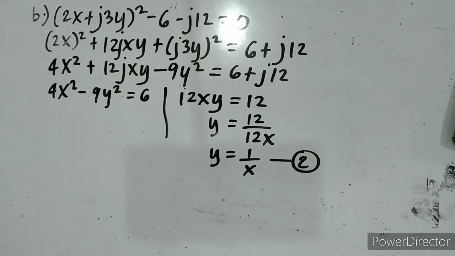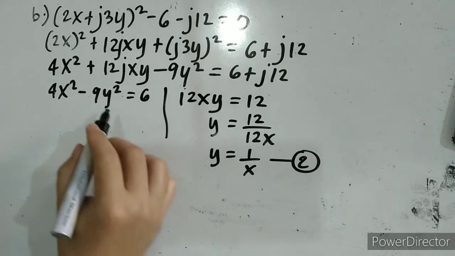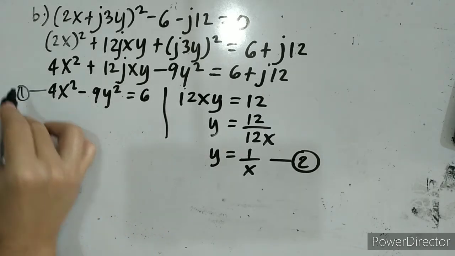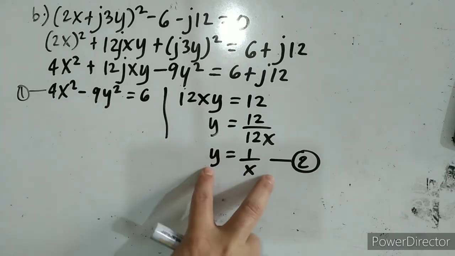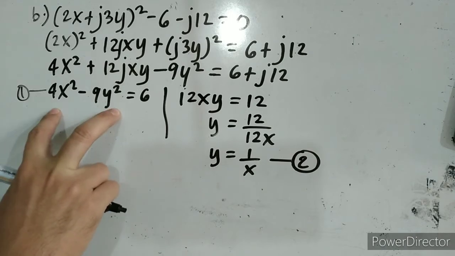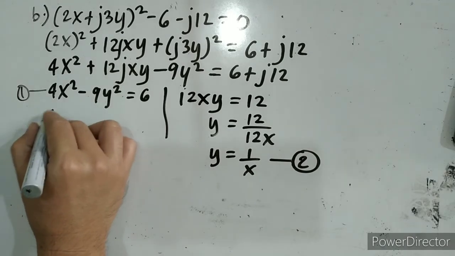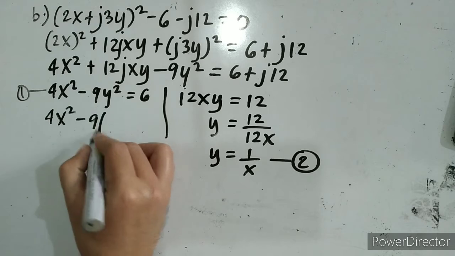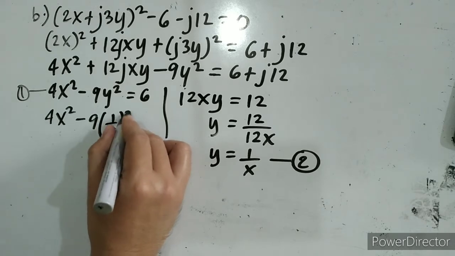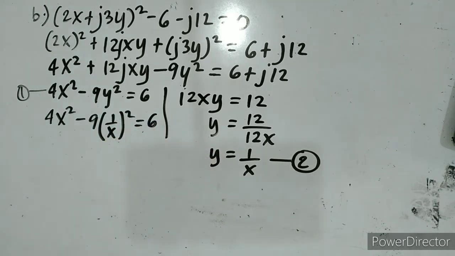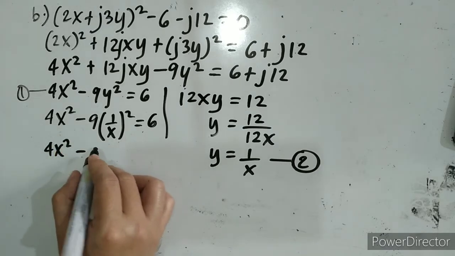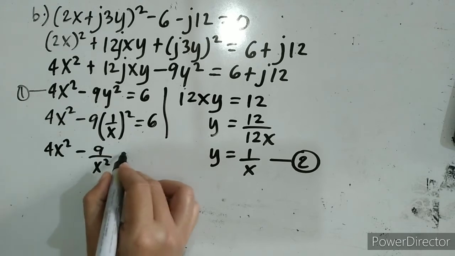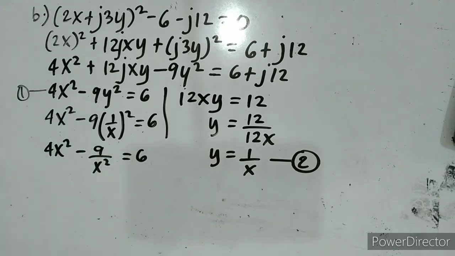Okay, so here we have our equation 1. And we simply substitute, since we cannot simplify this any longer, y equals 1 over x to this equation. So we have 4x squared minus 9 times 1 over x squared equals 6. So what we have is 4x squared minus 9 over x squared equals 6.